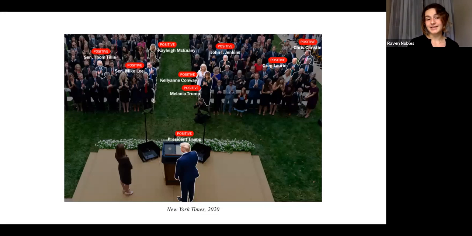He did not have masks, he did not have social distancing, and within this, President Trump communicated that he did not necessarily care about the virus at the time, and maybe he did not mean to give the world that perception. That's what happened. And so within this image, you can see who had tested positive after the event occurred.